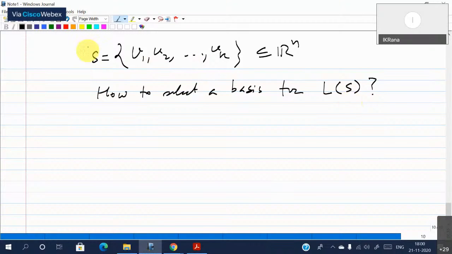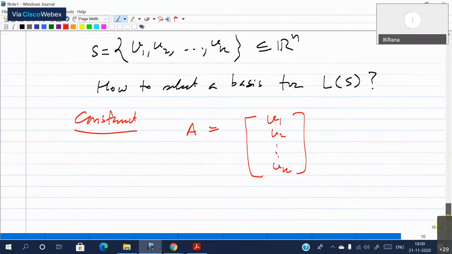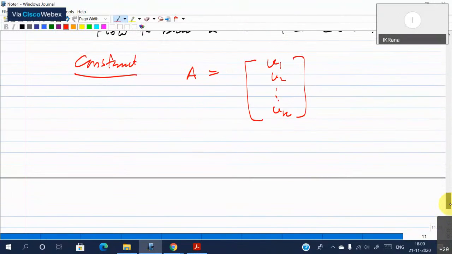So here is a method we can do. Construct a matrix A with these as the rows. So V1, V2, Vk. Construct these as the matrix with these as the rows, okay, and change it to A tilde, which is a row equivalent form.